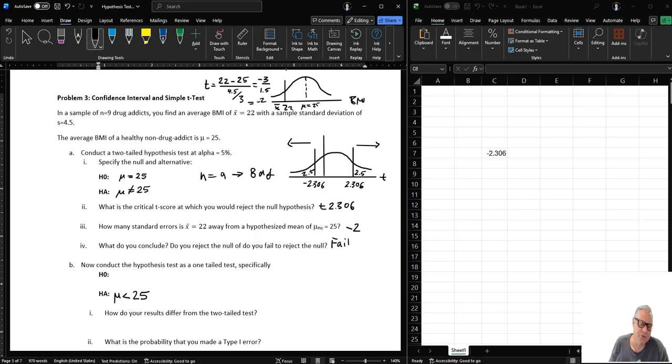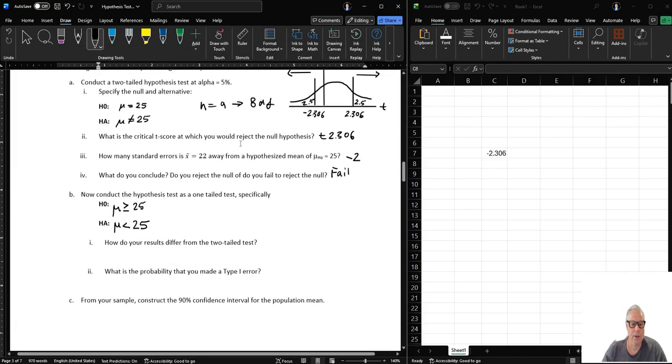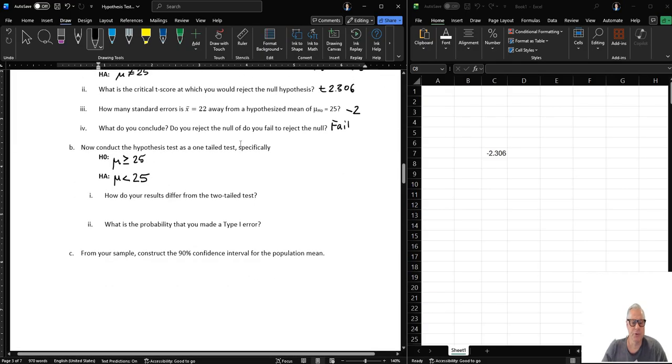But then because the HA and the H0 need to be mutually exclusive, the null is greater than or equal to 25. So how would your result differ from the two-tail test? Okay, so to figure that out, we actually have to look into it again.